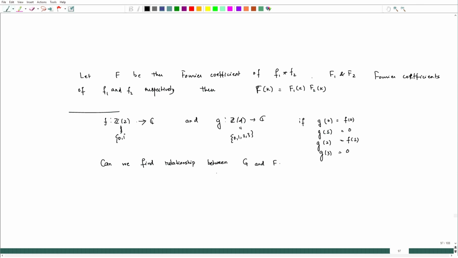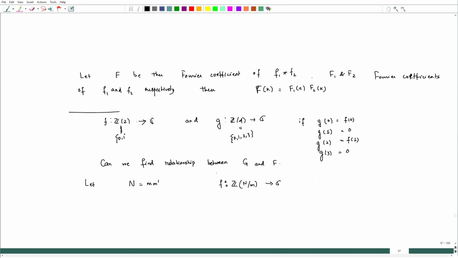Okay, so in general, what we can ask for is, if we want to ask this question for any arbitrary n and m, then let capital N be the product of two natural numbers, and I am taking f a function from Z n by m to C. Now, we define this in this way.